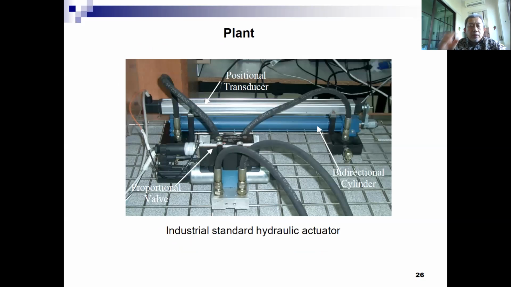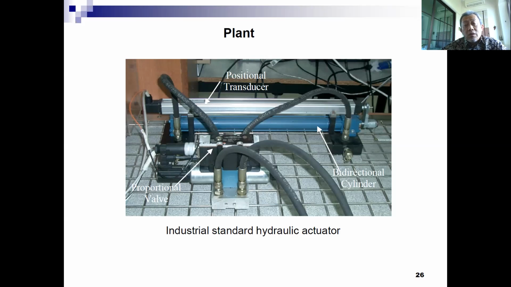So this is the plant of the industrial standard hydraulic actuator used in the laboratory. We have a position transducer, usually known as the LVDT, linear variable differential transformer, that converts the displacement in millimeter to equivalent voltage. Displacement is the physical signal in millimeter, the distance.